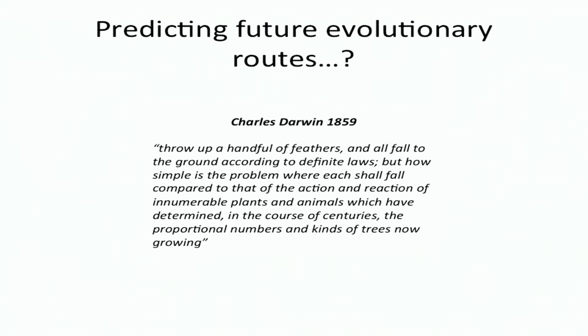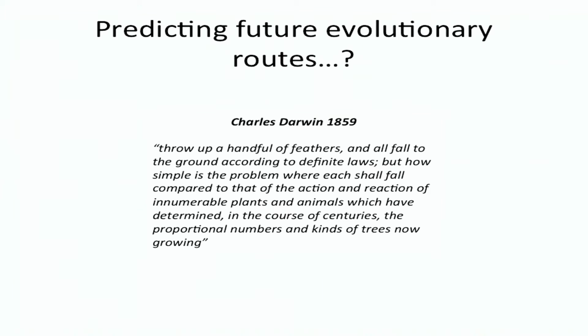So I've naively been running a lab thinking that we can predict cancer evolution and use that as a tool to offer patients a therapy to stop tumours going down a distinct evolutionary route. Now, Charles Darwin had the answer to this back in 1859. He said basically what we're trying to do is impossible, because he postulated this problem when trying to predict evolution: throwing up a handful of feathers, and all fall to the ground according to definite laws.